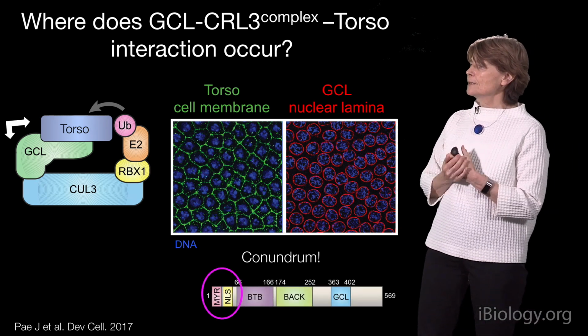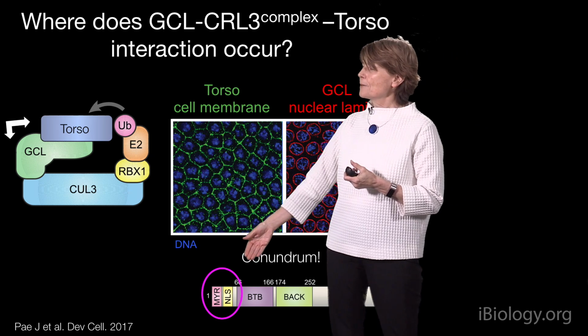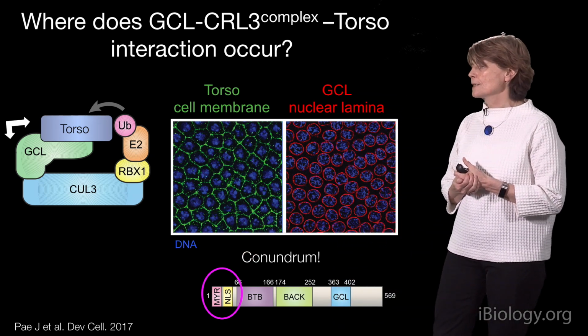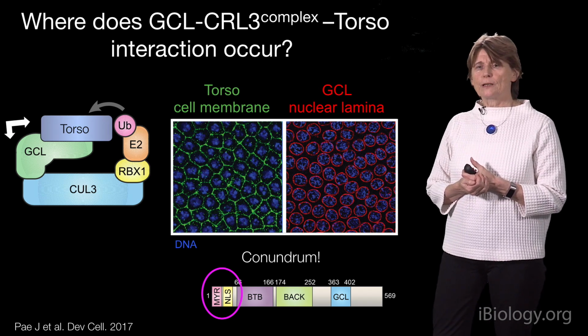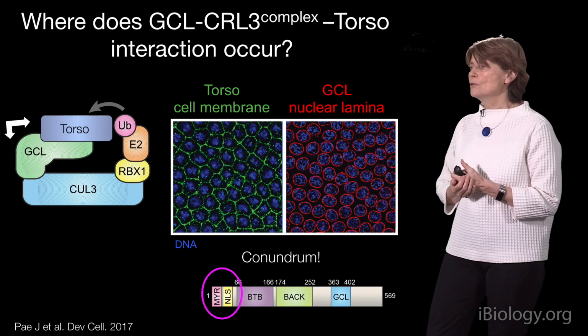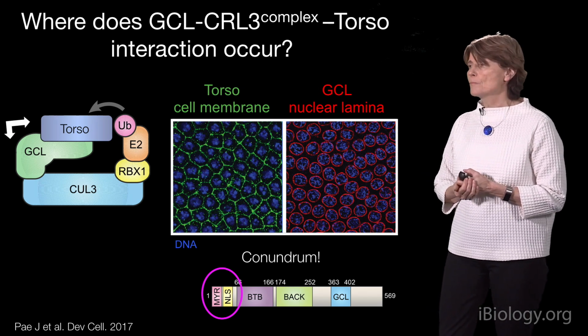But somehow that conundrum became a little clearer to us when we realized that there was a nuclear localization signal and a myristoylation domain. The nuclear localization signal would get germ cell-less into the nucleus, but the myristoylation signal could also potentially get it to the membrane.